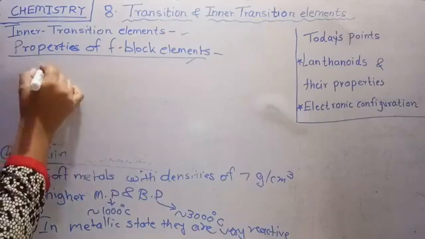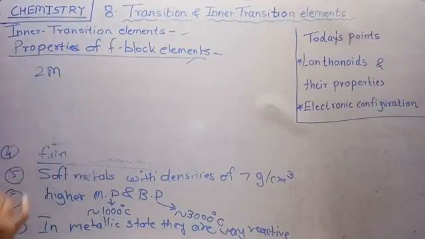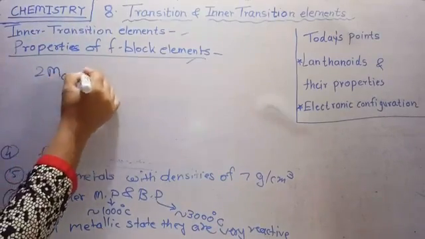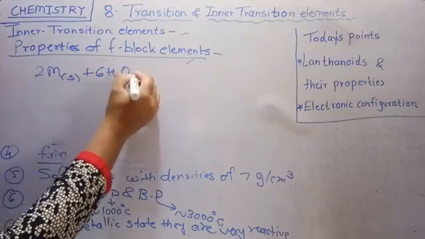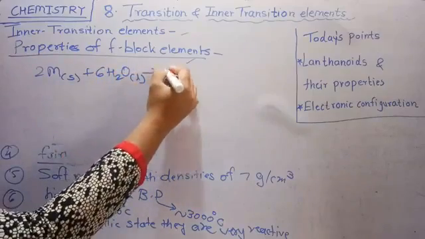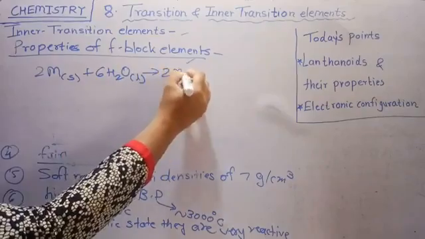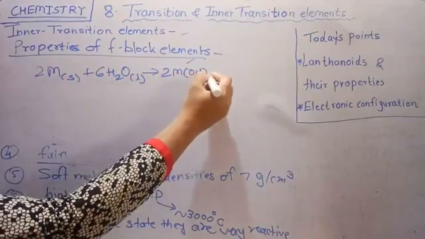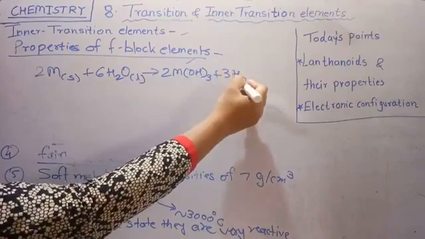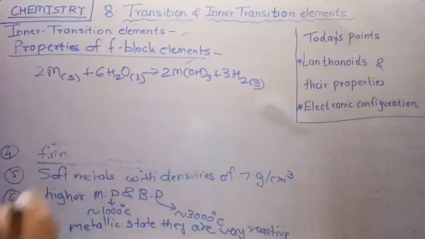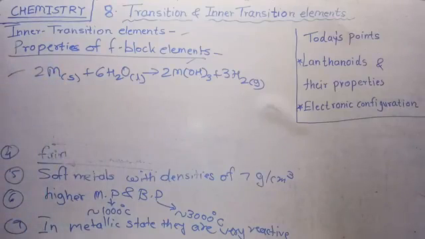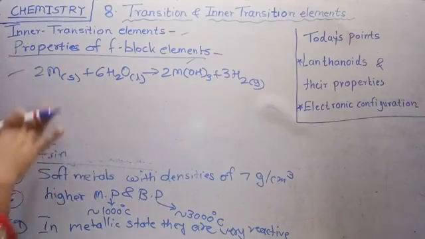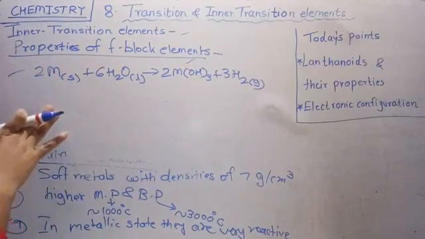Taking M as the f block element, the element in solid state reacts with water in liquid state to form hydroxide plus evolution of hydrogen gas. This property is similar to the alkali metals and the alkaline earth metals, but in metallic state.